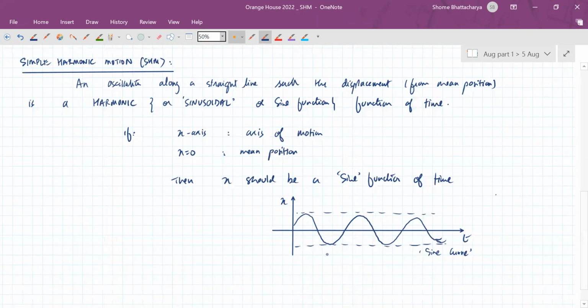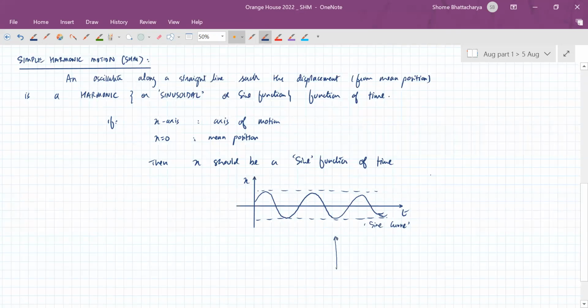It should be just like the curve y equal to sine x that you are used to, that same shape of curve. So x versus t should be a sine curve or a sinusoidal function or a harmonic function. So here the term harmonic actually means the same thing as the sine function.